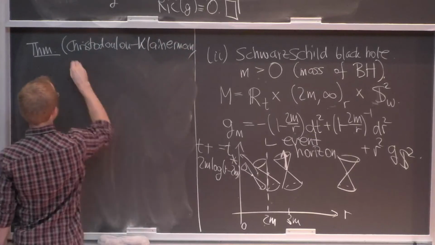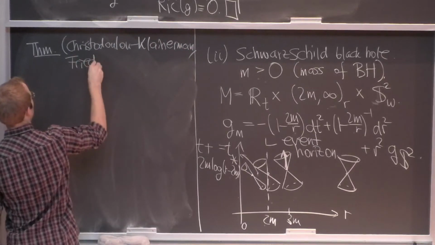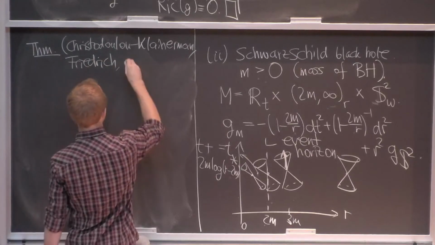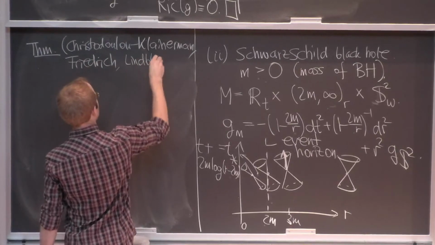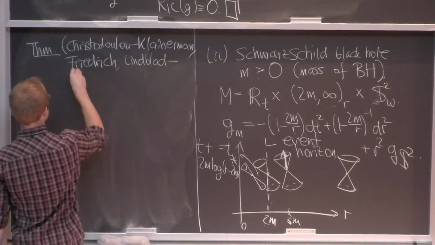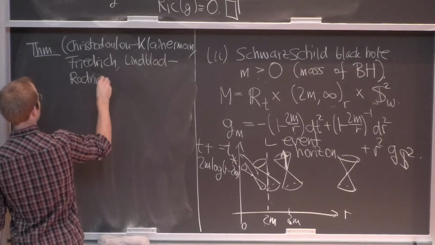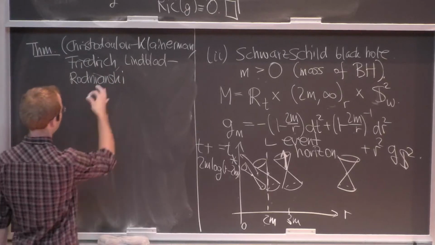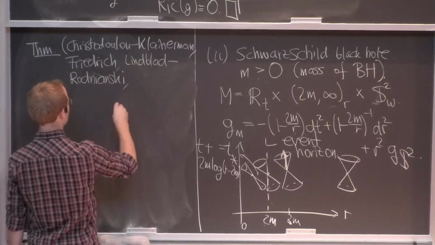It was actually preceded by work by Helmut Friedrich for a very special class, however, of initial data. Then there was a different proof given by Lindblad and Rodnianski in the last decade. And there are many other variations on either one of those proofs.